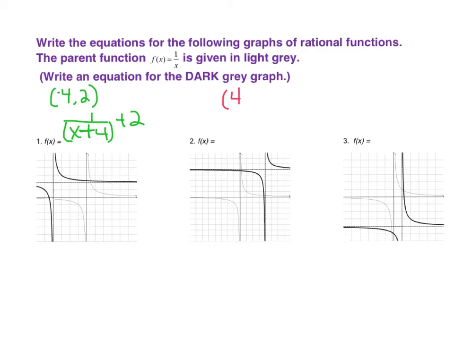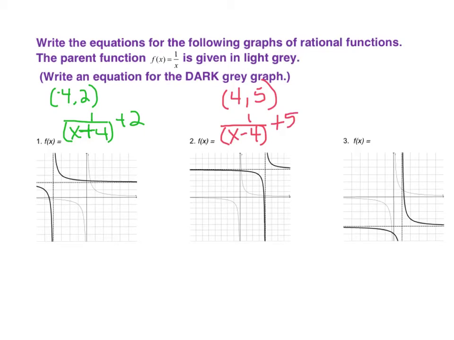And then I go up 1, 2, 3, 4, 5. So I have a k value of 5. So now I'm ready to write the equation. So for number 2, f of x equals 1 over, or 1 divided by, x minus 4, and then plus 5.